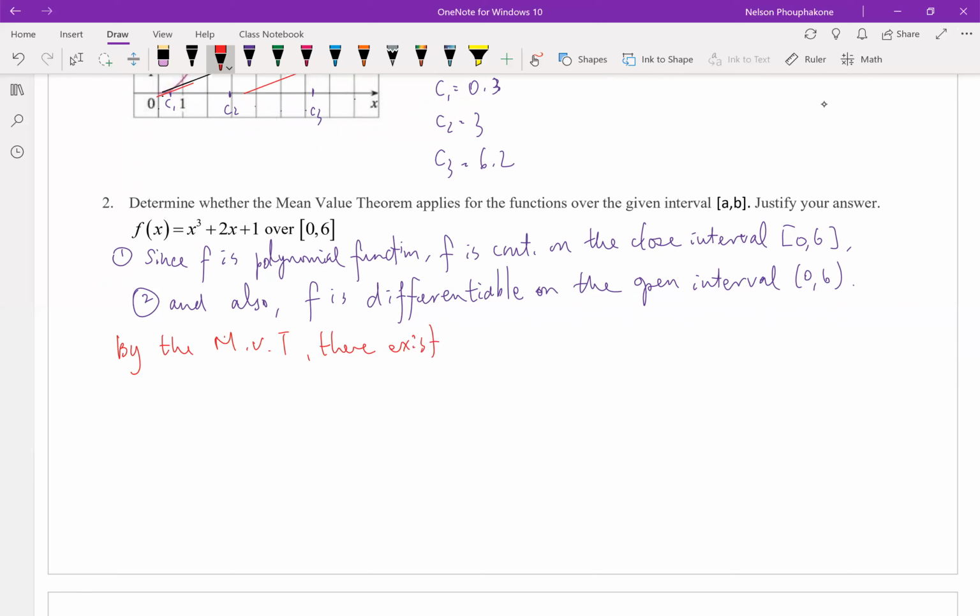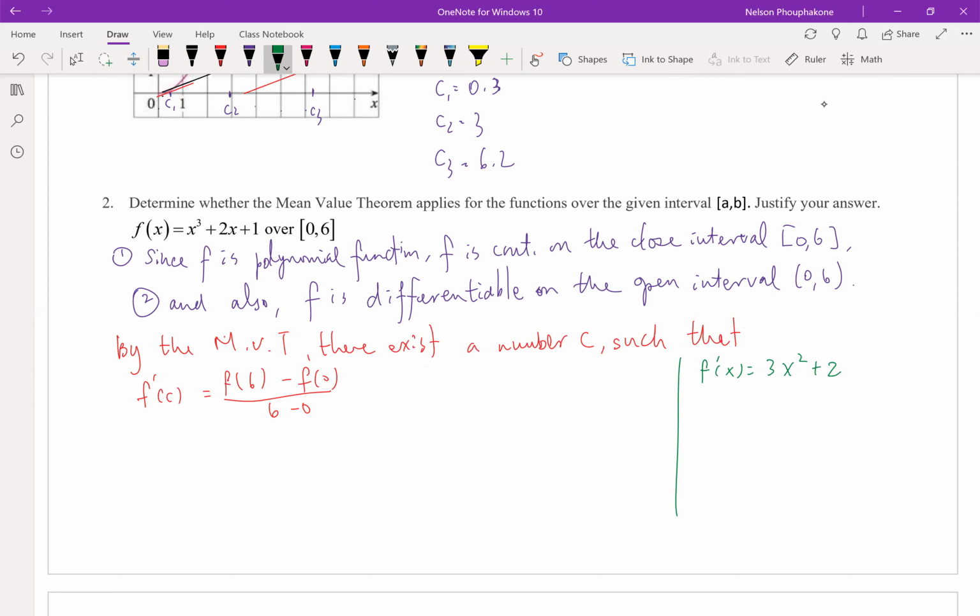there exists a number c such that f prime of c is equal to f of 6 minus f of 0 over 6 minus 0, right? Then let us look at the details now. I know that f prime of x is equal to 3x squared plus 2.